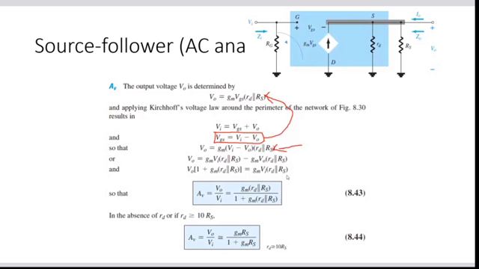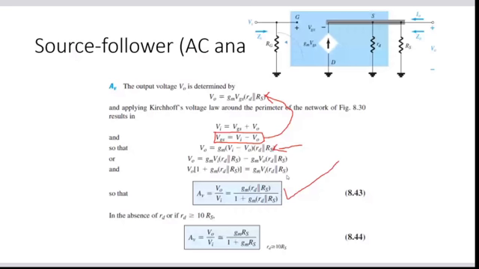Take the output voltage term to one side and the input voltage term to the other side, and finally you will get the voltage gain as V output by V input is equal to GM into RD parallel with RS divided by 1 plus GM into RD parallel with RS.